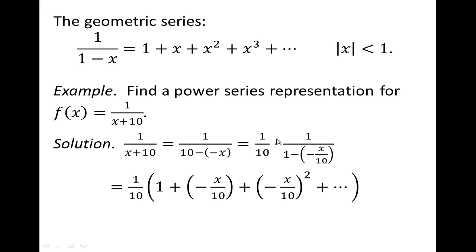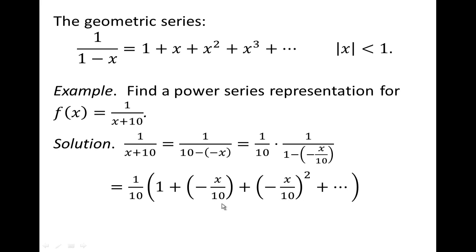So we have the 1/10 that was hanging out here originally, times 1 plus the opposite of x over 10, plus the opposite of x over 10 squared, and the opposite of x over 10 cubed would be next. We're just following this form because this is 1 over 1 minus a number. Now, if I want to write this as a concise sum using summation notation, notice that we have a negative 1/10 raised to a power each time.